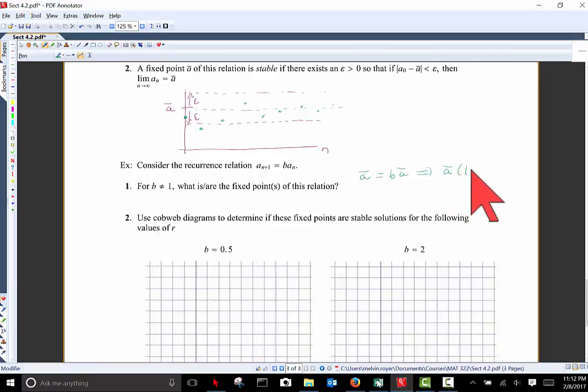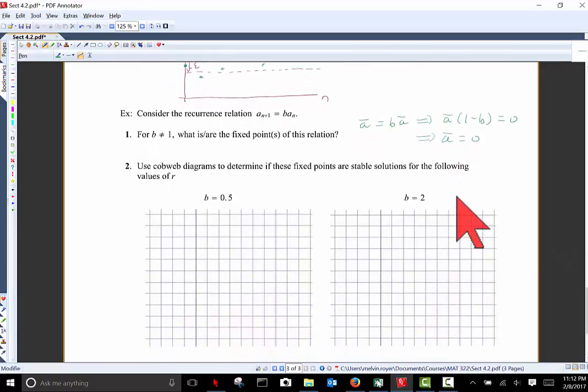A bar times 1 minus b equals 0. Now I'm specifically excluding the case when b equals 1, and therefore when this product equals 0, I know that a bar equals 0. The only fixed point or equilibrium solution to the linear dynamical system is 0.